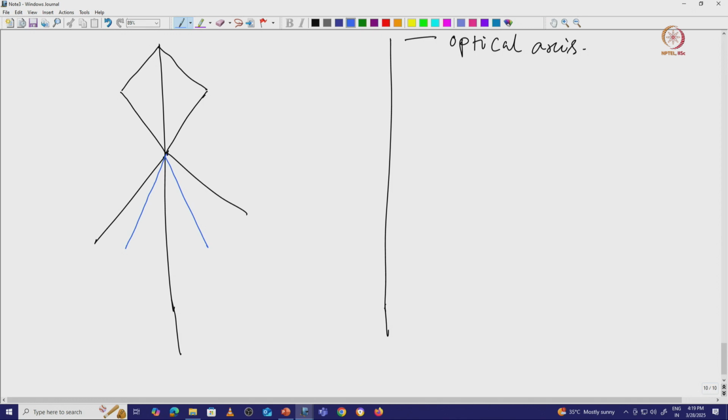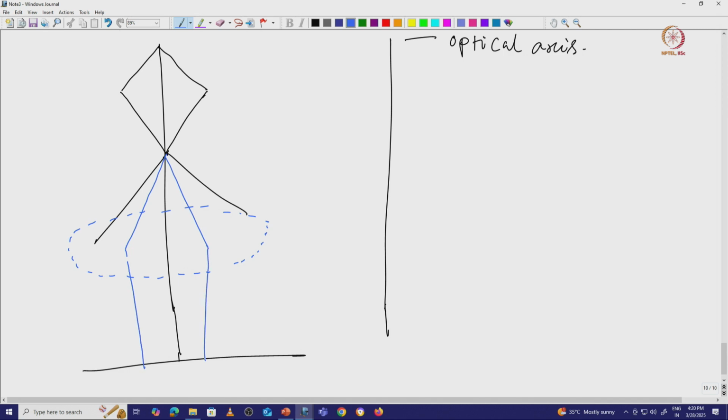Now we will use the C2 lens current in such a way that it will not converge on one particular point of the sample. So if this is a sample plane, we will maintain this magnetic field in such a way that the ray can go like this.